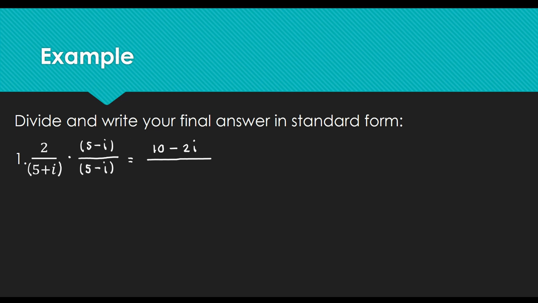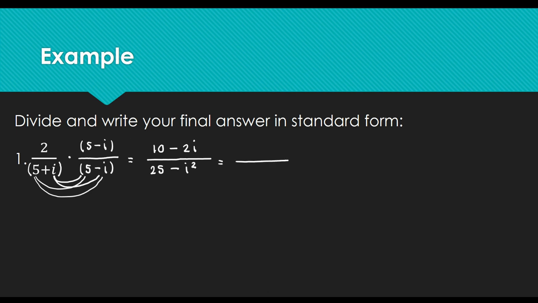Now I want to multiply out the denominators. Remember, the whole point of this conjugate is that the middle terms of i are going to cancel. So we will have 5 times 5 if I start distributing. That would give me 25. Notice how this would be a negative 5i. Moving to the i, that would be a positive 5i. So that's why those cancel. And then i times negative i. Well, a positive times a negative is a negative, and i times i is i squared.